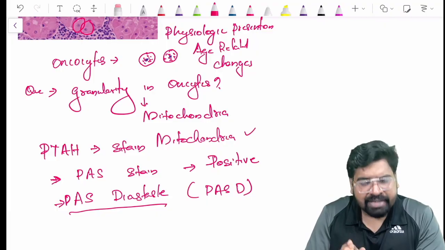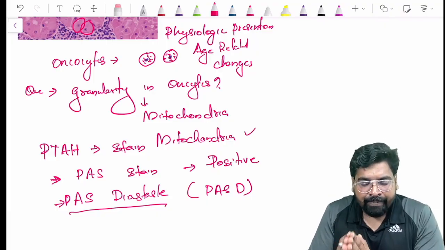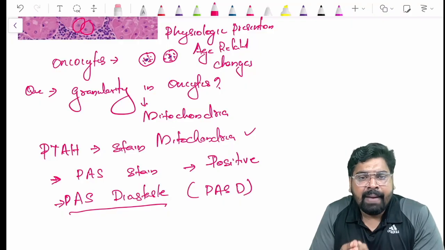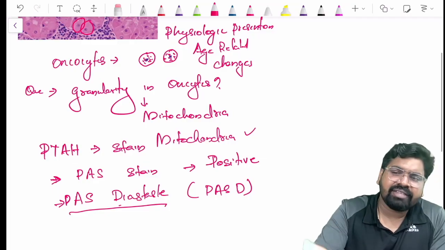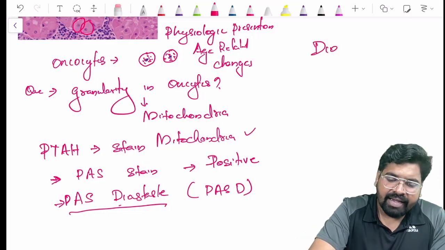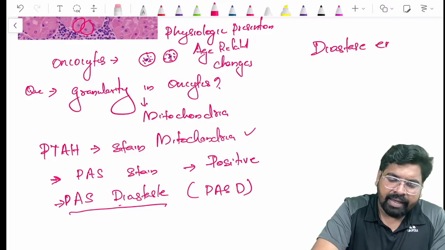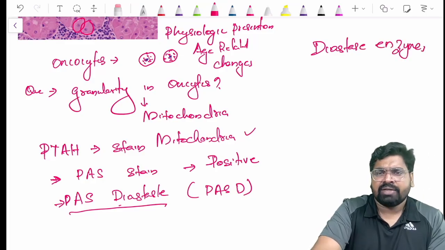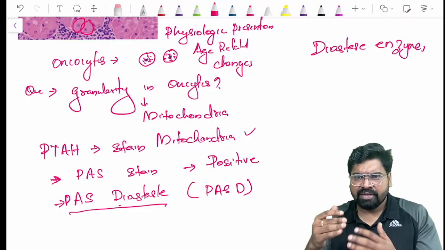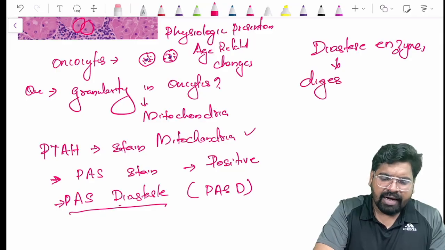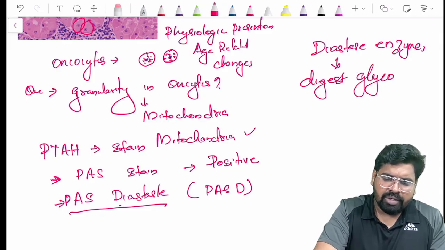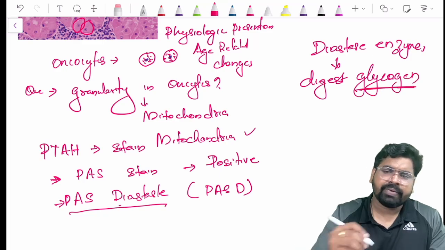Diastase is an enzyme, like amylase, trypsin and lipase. Diastase will digest glycogen.